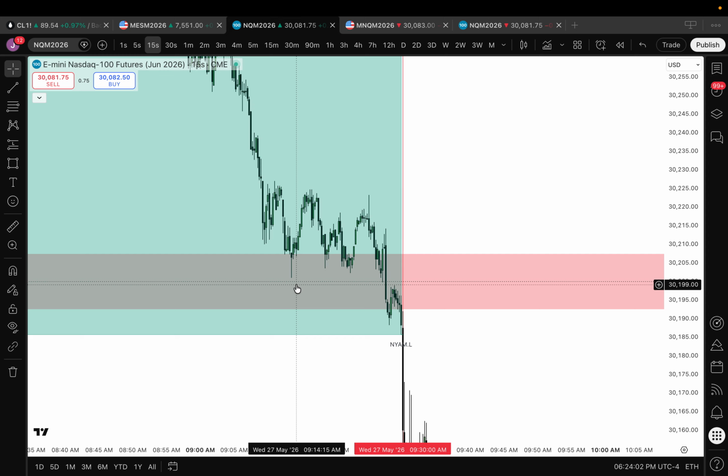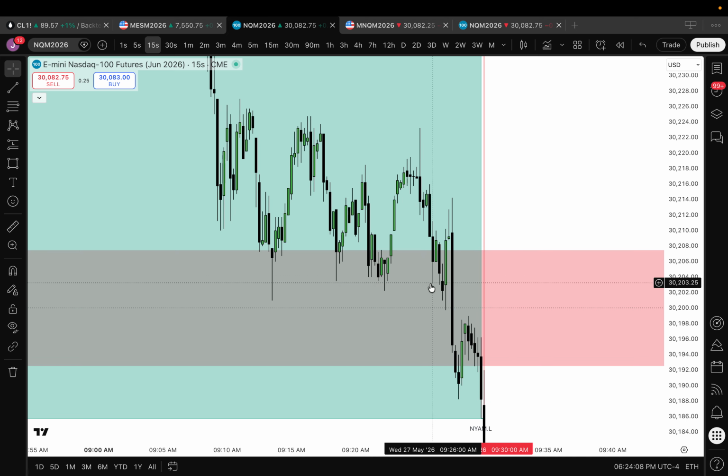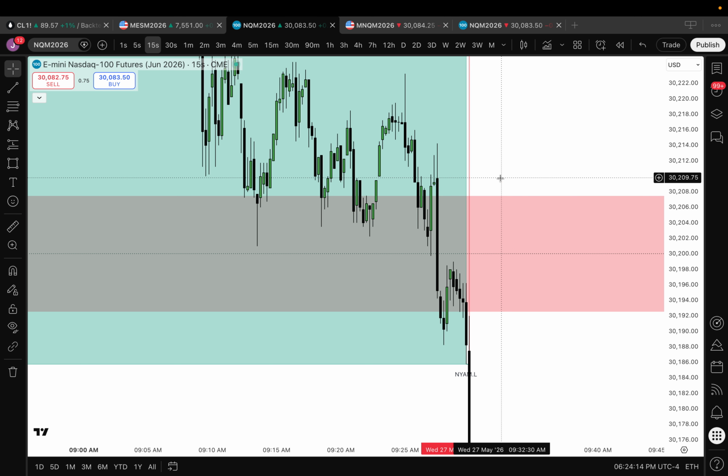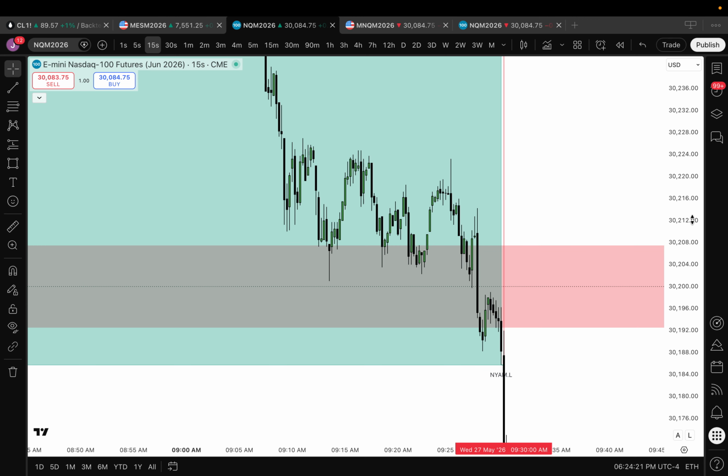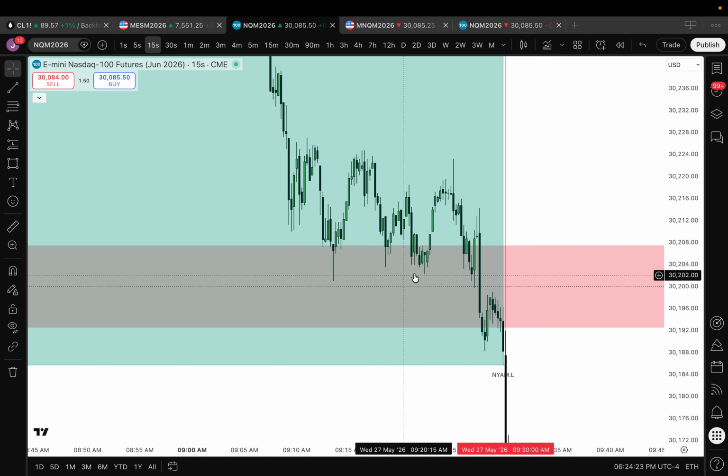Right here. See how our price was staying in the upper half of this, but it created relative equal lows right here. So we went down, swept them. I longed right around here. Got stopped by this candle. That was one of my longs. But we went down and swept these.